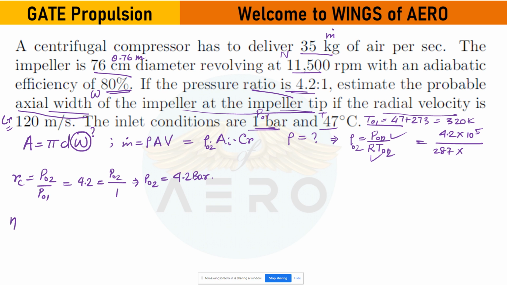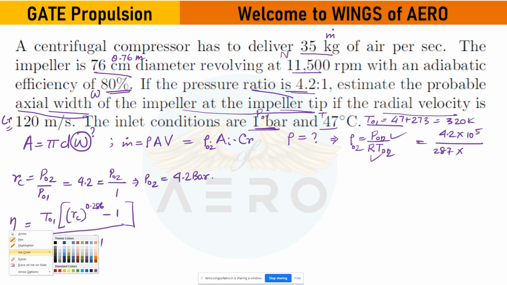Efficiency is given, eta C equals T01 times RC to the power 0.286 minus 1, where 0.286 is gamma minus 1 by gamma, divided by T02 minus T01.